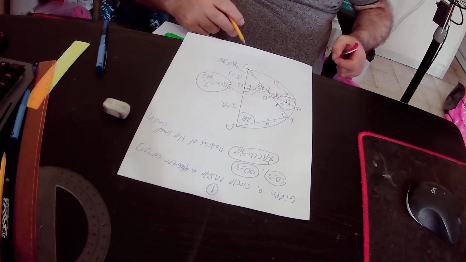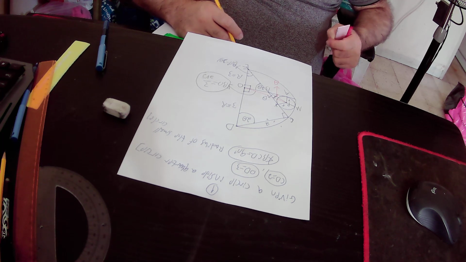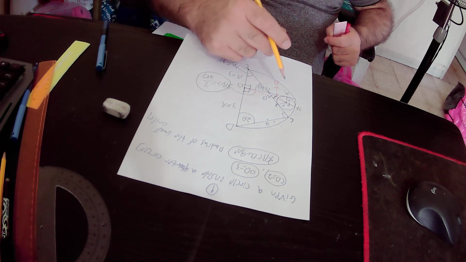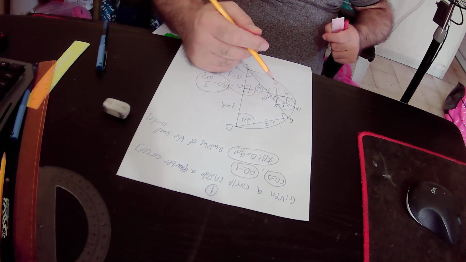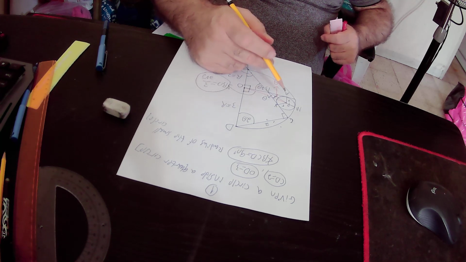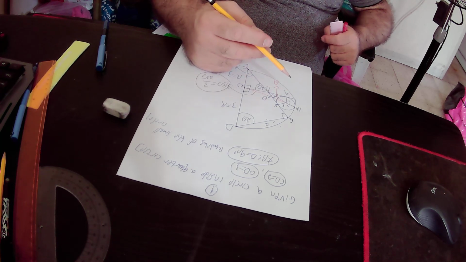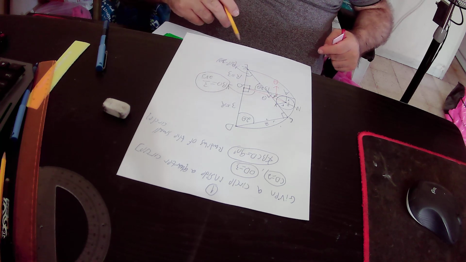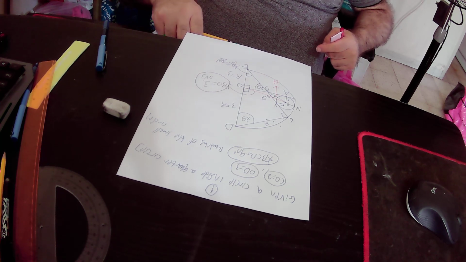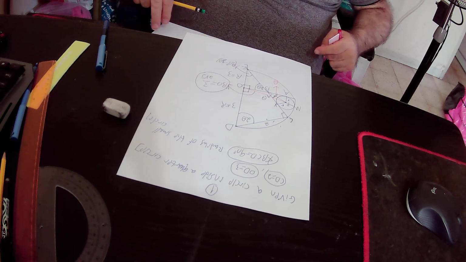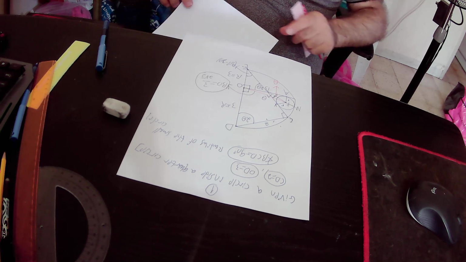Okay, so M is the touching point between OP and the circle. So actually OM is the radius of the big circle.